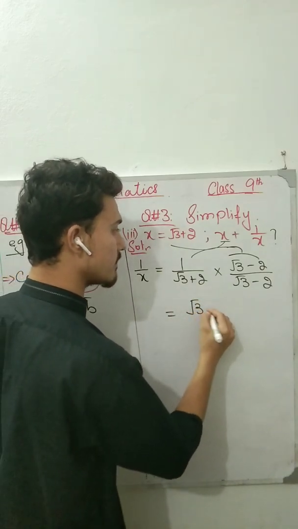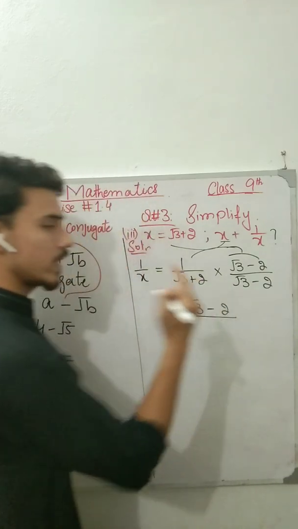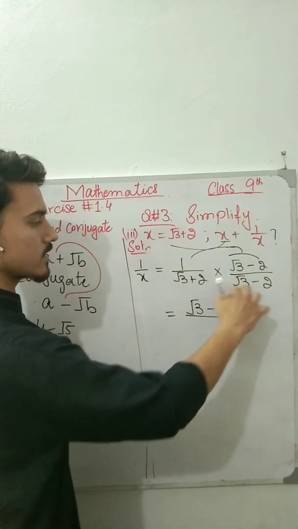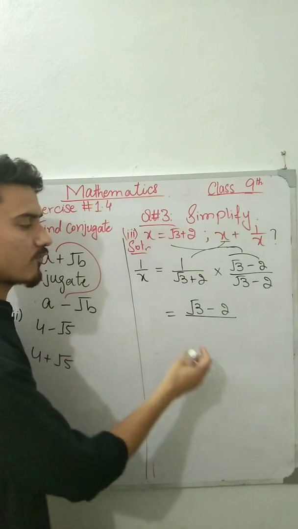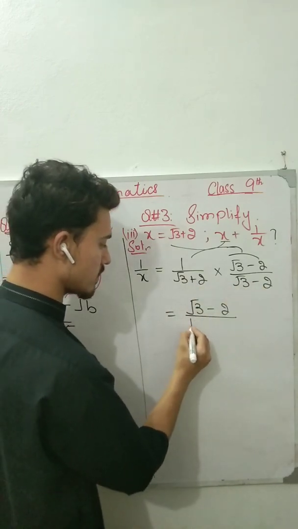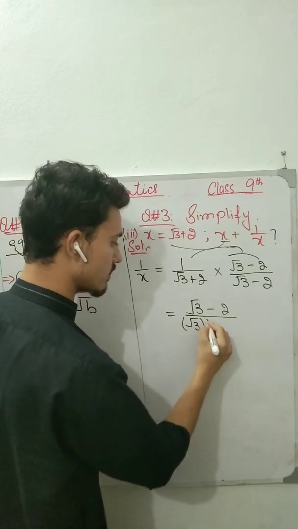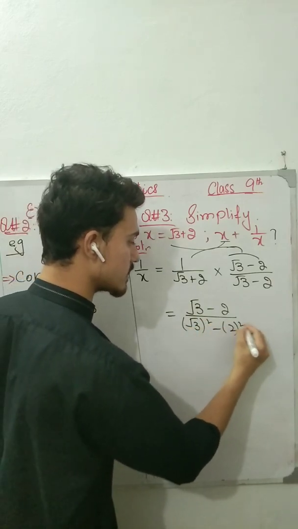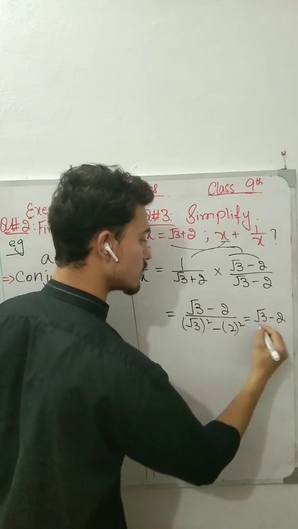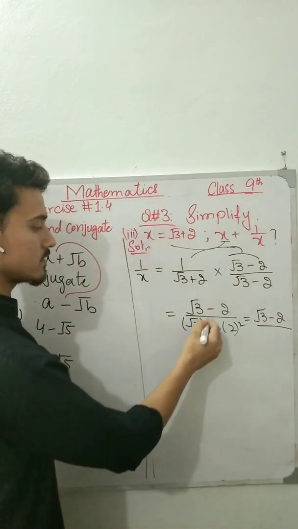Let's multiply this whole value. Square root of 3 minus 2 over, if you just focus, a plus b into a minus b. We have a formula: a plus b into a minus b is equal to what? a square minus b square. I got square root 3 minus 2 divided by, this will be cancelled out.